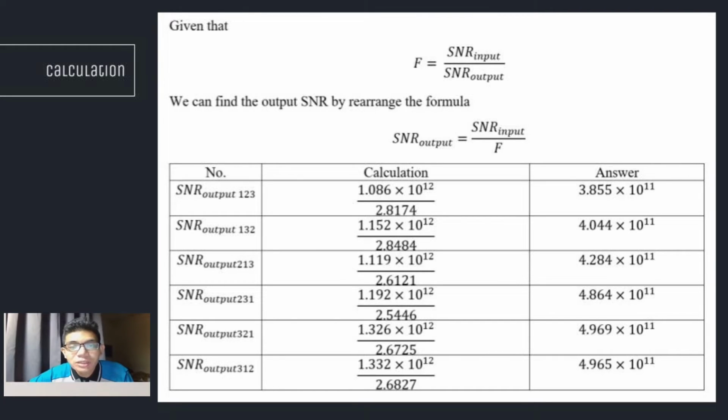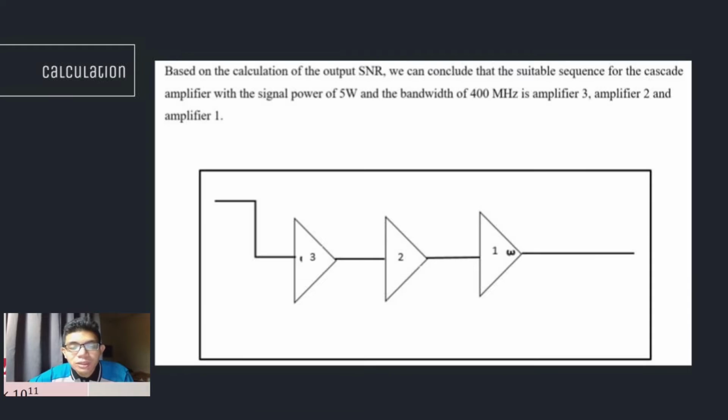We can rearrange the formula, where F, the noise figure, is equal to SNR input over SNR output. So we arrange it to find the output by dividing the SNR input by the total noise figure. Okay. So this is the calculation to find the signal to noise ratio output.